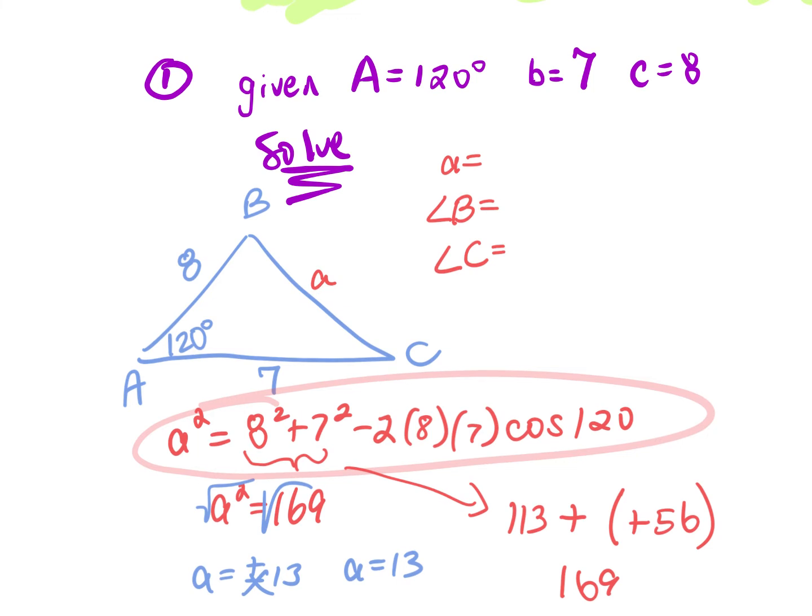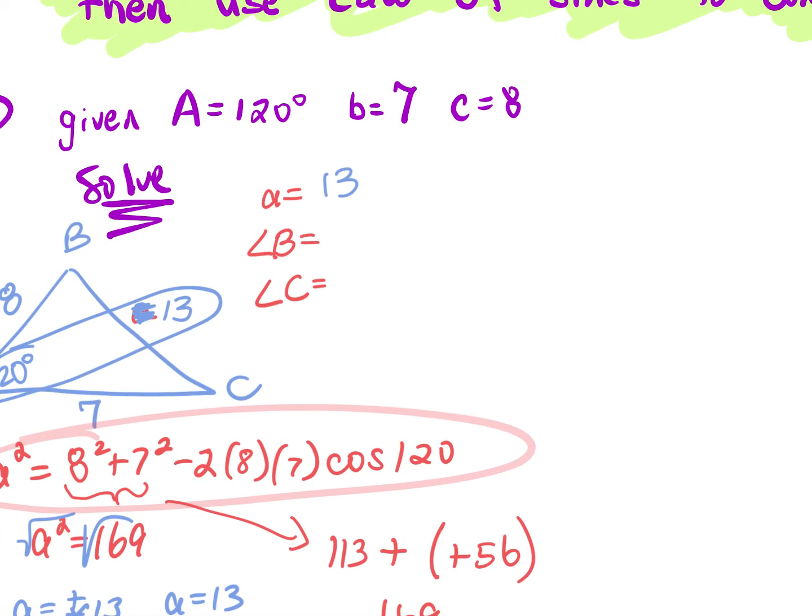So we just figured out that side A is 13 units. So if A is 13, what can I now use to solve the rest of my problem? I can use the law of sines because I have the angle measure of A and its corresponding side. So I'm going to set this up: sine of 120 over 13 equals, what do you want to find?